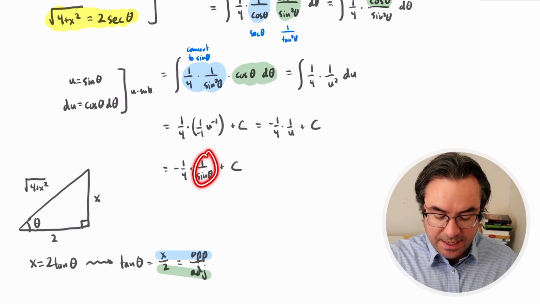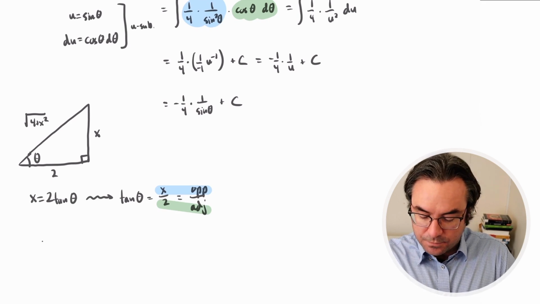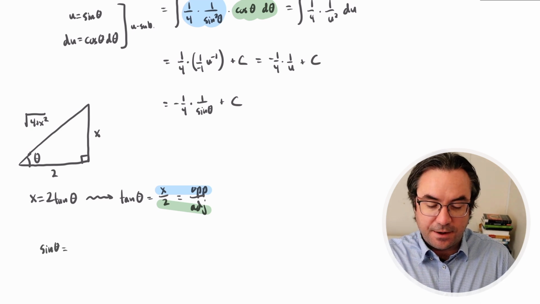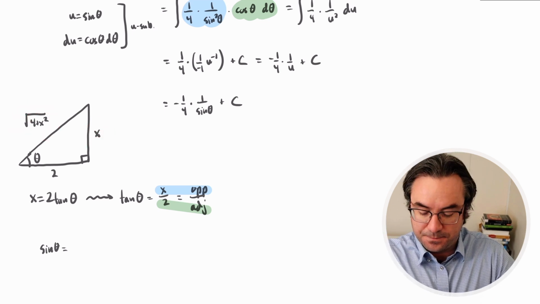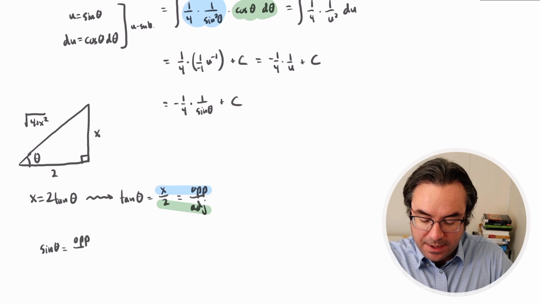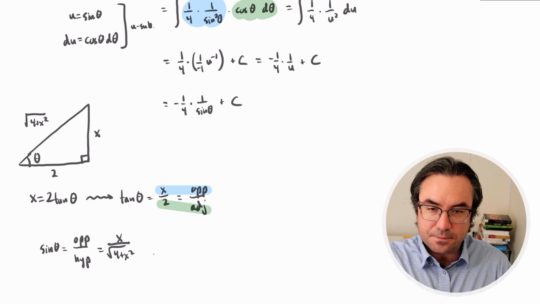So we need to know what sine is. If we look at our right triangle, sine of theta is the opposite side over the hypotenuse. If we fill that in, it'll be x over square root of 4 plus x squared.